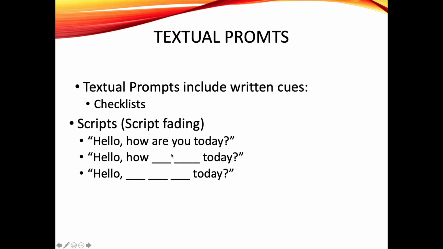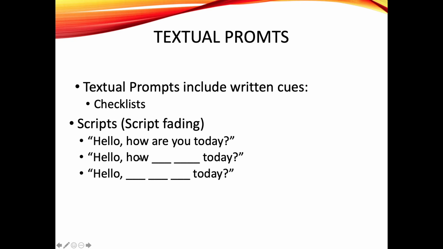Now we send them over to the other therapist because the student typically doesn't engage in this vocal response. And we prompt them to go over there and read the script in the presence of the secondary therapist. Then we want to go through this process of fading the script. There are a variety of ways you could do that.